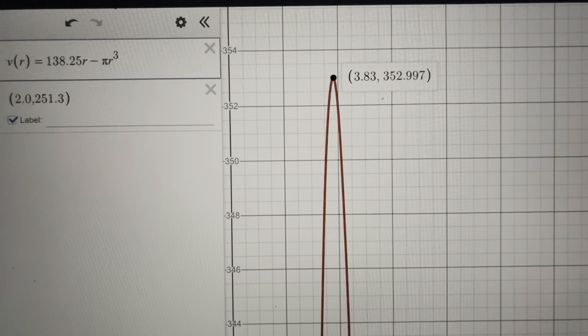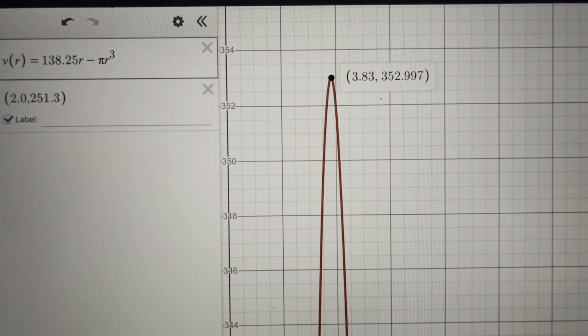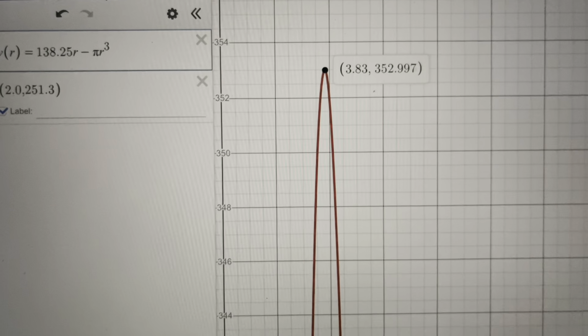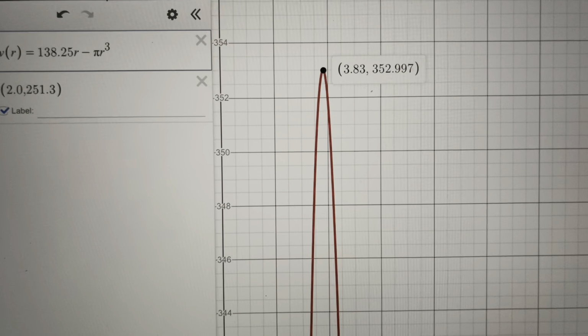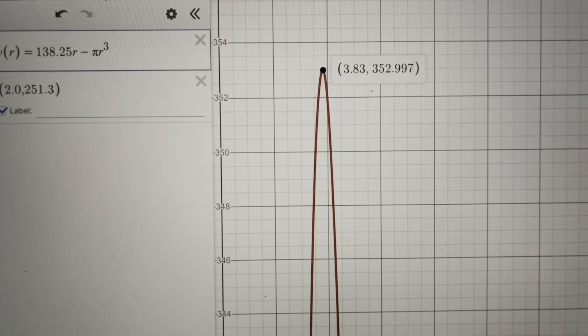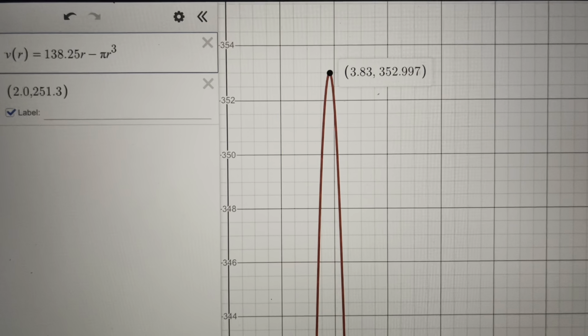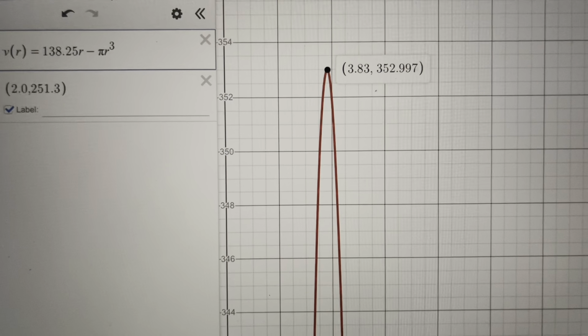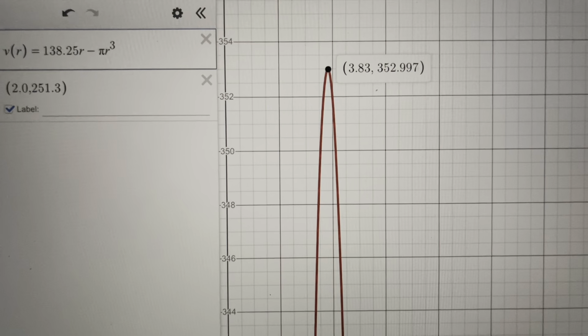And then the maximum volume based on this equation is 352.997 cm cubed. And when we used 3.8, we got 353.8 cm cubed. So you can see that the values are slightly off because Desmos used the full 3.83, which we could have used, but we just did it to the nearest tenth.